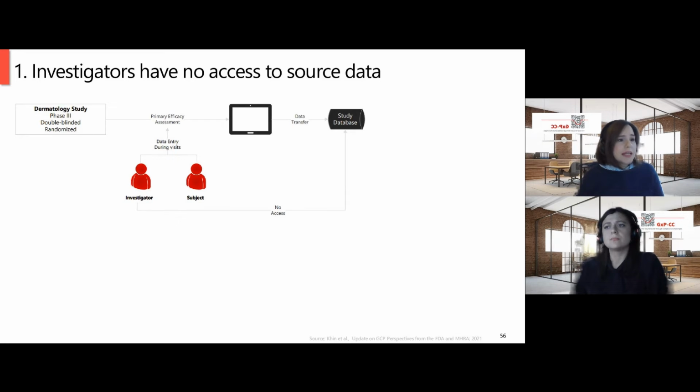There was a daily data transfer from the tablet to the study database, after which the data were erased from the source, from the tablet. The problem here is that the investigators had no access to the study database, and of course, since the data was daily deleted from the tablet, they also could not have access to the data after they were transferred.